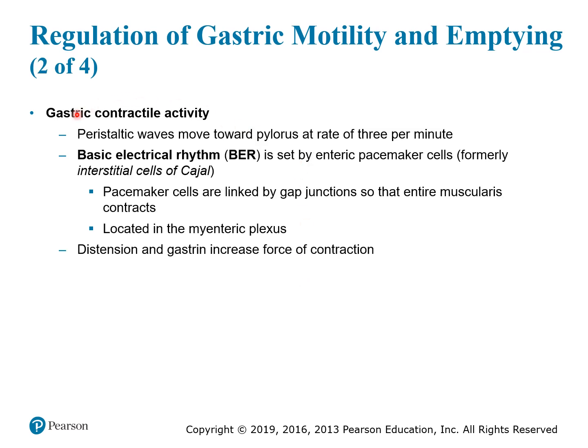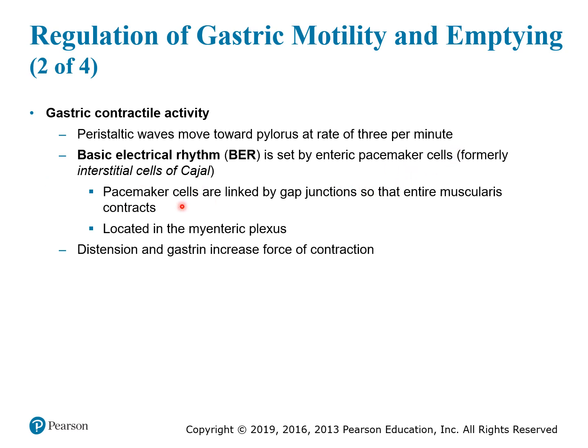And now our food is in the stomach. Now the peristaltic waves move towards the pylorus at the rate of 3 per minute. Where is this 3 per minute coming from? There is a basic electrical rhythm, and it is set by the enteric pacemaker cells, which are also called interstitial cells of Cajal.